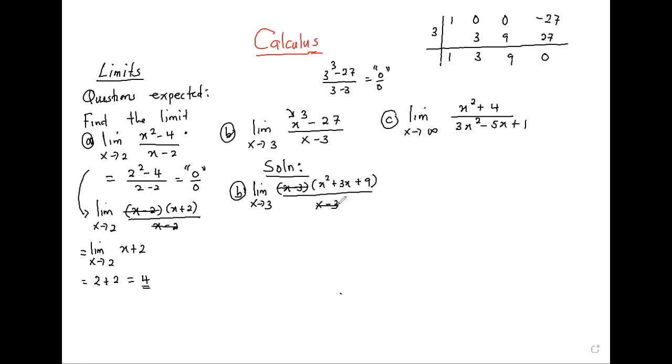So that now we have the limit as x goes to 3 of x squared plus 3x plus 9. Where there is x, we substitute 3 squared plus 3 by 3 plus 9. So we have 9 plus 9 plus 9, which is 27.